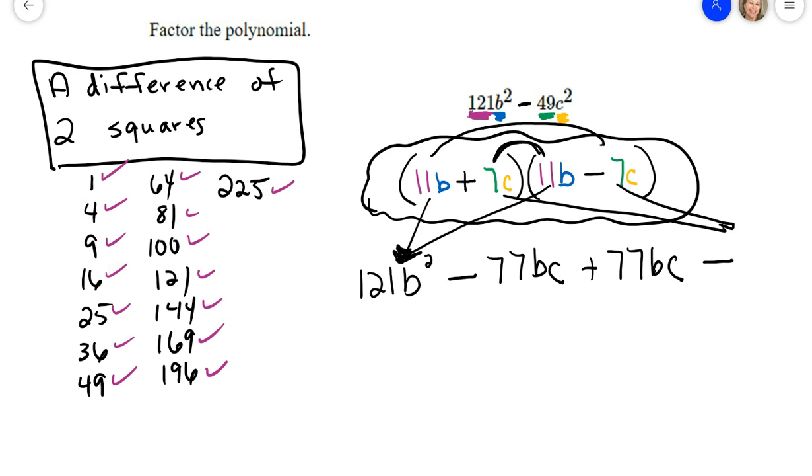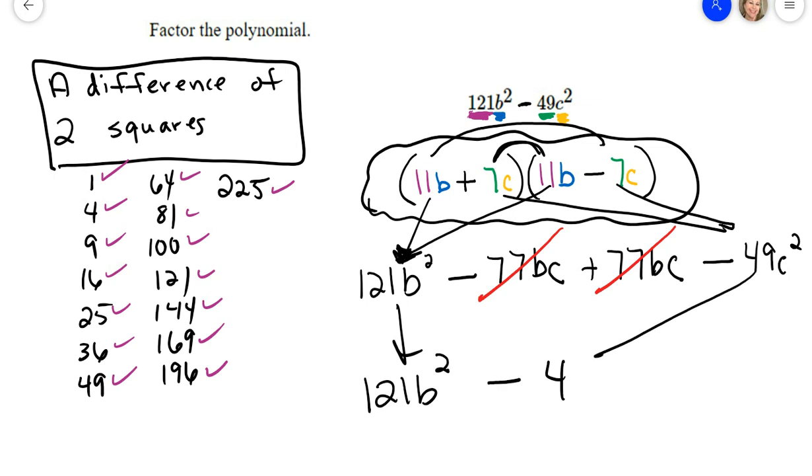And 7c times 7c is 49c squared. And then right here, a negative 77bc and a positive 77bc cancel out. And you got no bc's. So what you're left with is the 121b squared and then the minus 49c squared. You're left with a difference of two squares.